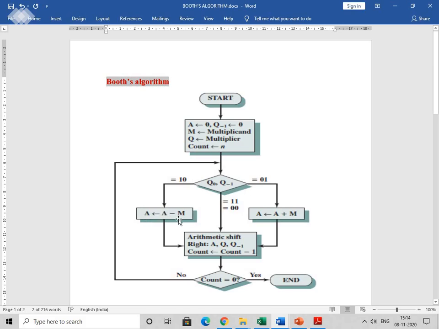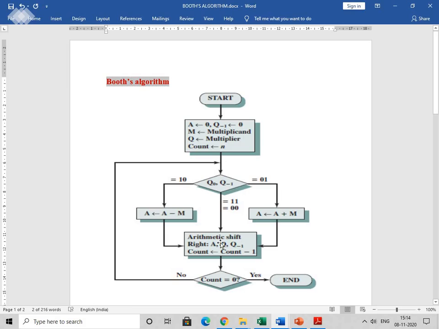A minus M. That means we are going to subtract the content of M from A and store the result in A. So here you have to keep in mind that we are going to do the addition itself. That means we are going to take the 2's complement of M and add it with A and store the result in A. So when we do the 2's complement addition here, then it will be considered as a subtraction.